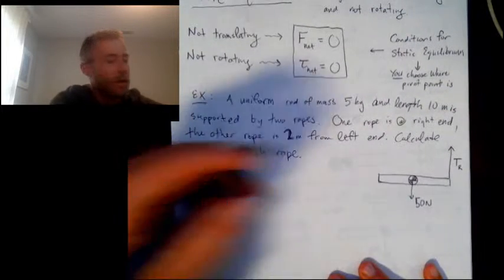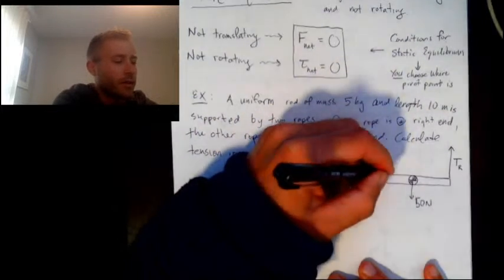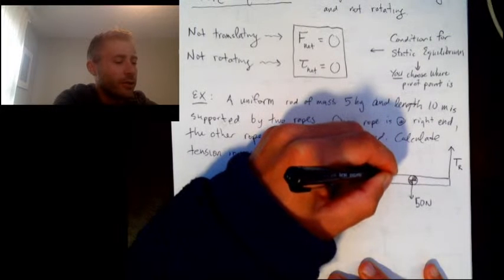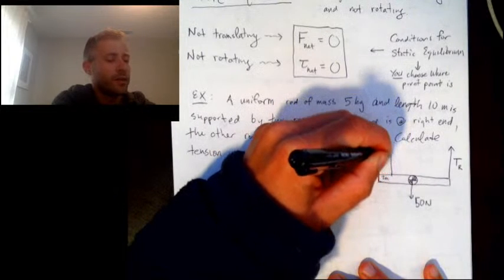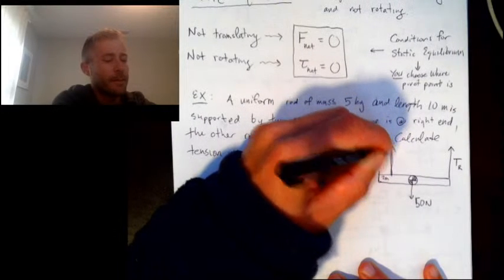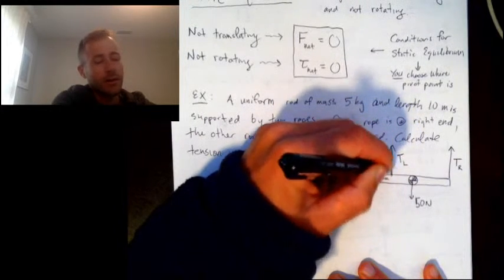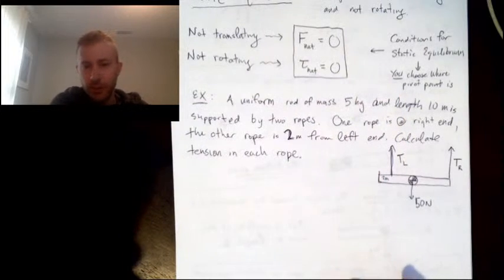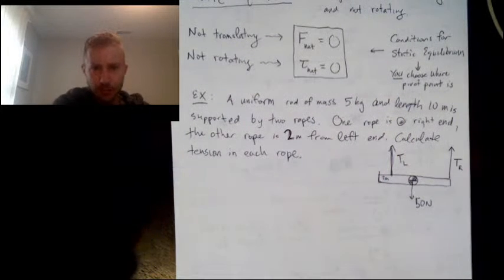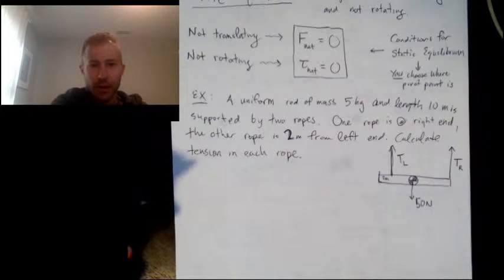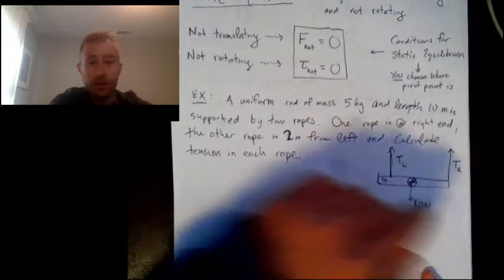And then 2 meters from the left end, there is a tension from the left rope. So we want to figure out what these two tensions are.